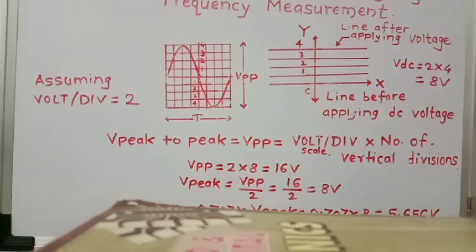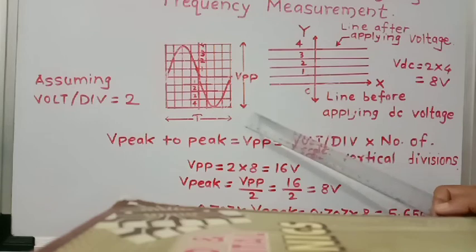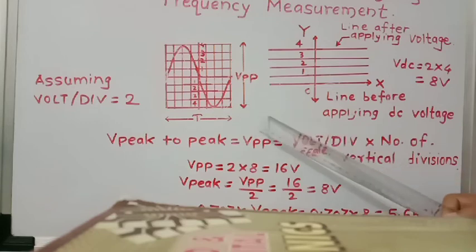Then we can calculate the frequency. We know that frequency is the reciprocal of the period, that is f is equal to 1 upon T, and it is equal to 1 upon 8 into 10 raised to minus 3.